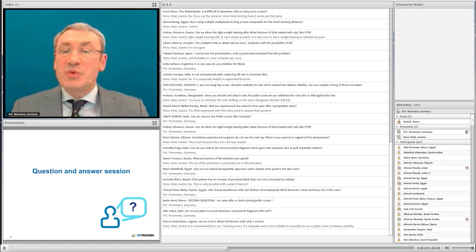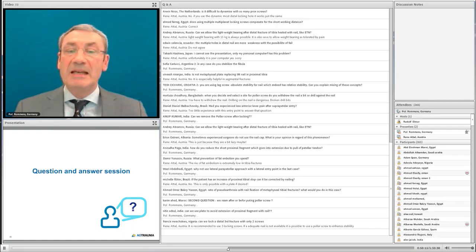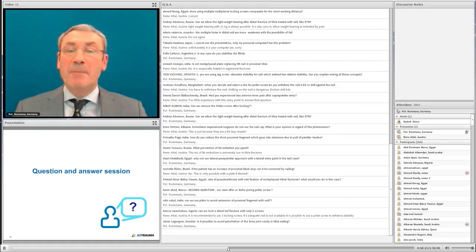A question from Sweden. Is it possible to avoid penetration of the knee joint cavity in tibia nailing? Well, if you do not use the suprapatellar approach as just depicted, then the soft spot or the sweet spot is situated in front of the joint space, which means that the synovia does not have to be opened for this nail introduction.